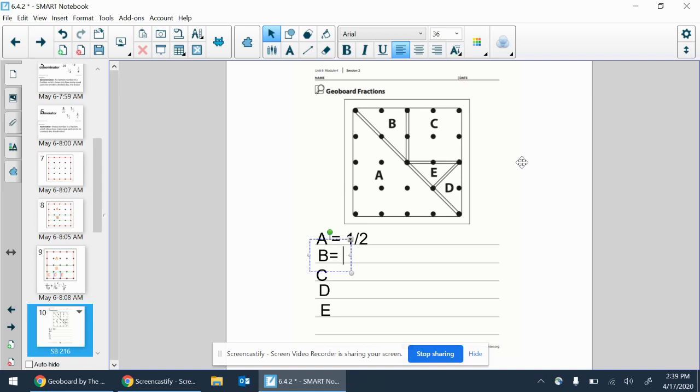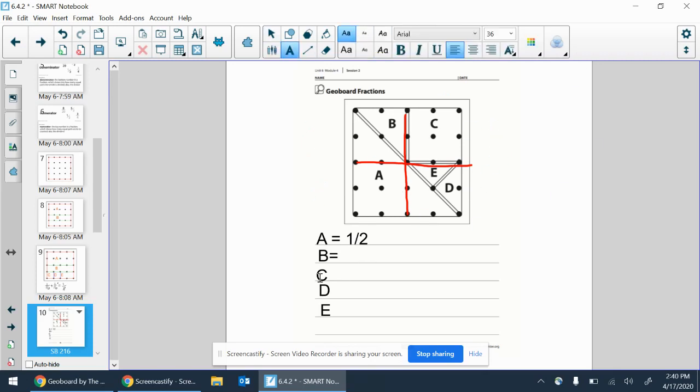All right. So we're back. I know you finished your letters. When I look at B here, I'm going to compare it actually to C. I noticed that C, look at that. C is 1/4 of my whole GeoBoard. So I'm actually going to skip down to C right here.